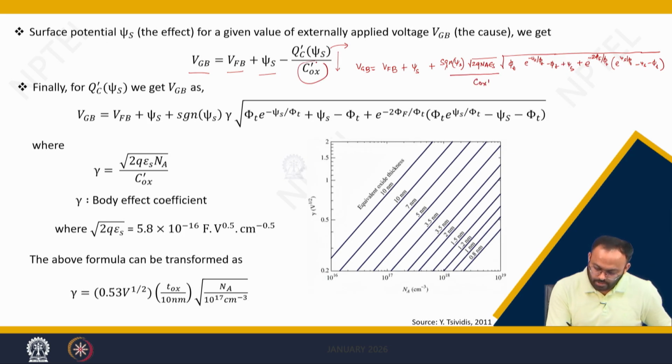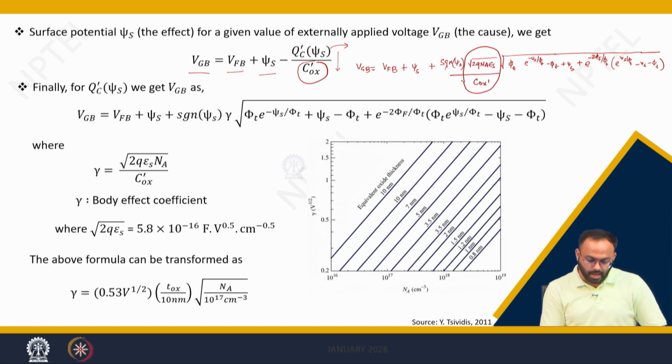You see here the prime, right. This quantity can be defined as gamma. So gamma is equal to square root of 2 into q into epsilon s into Na divided by COX dash. This quantity is known as the body effect coefficient. We will discuss the body effect coefficient in subsequent lectures.